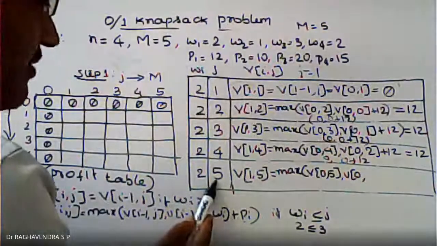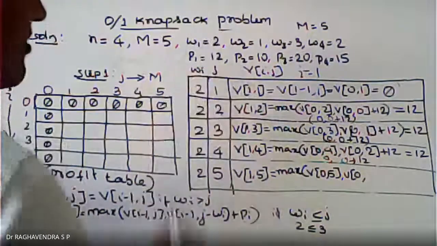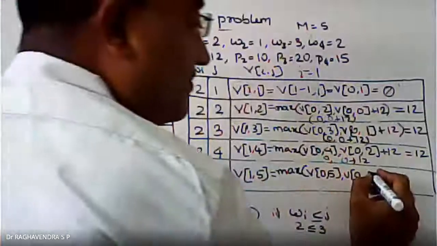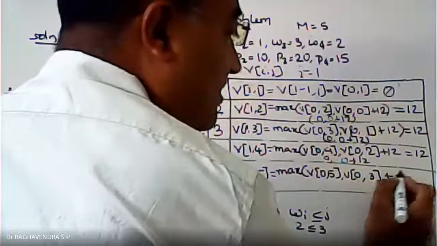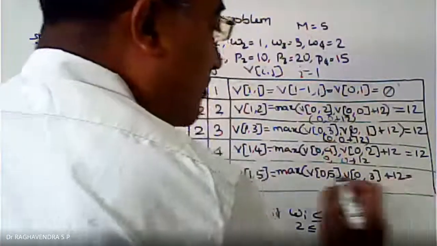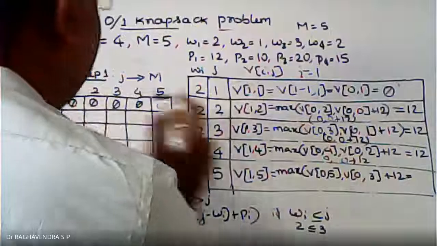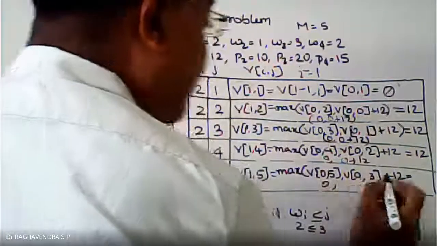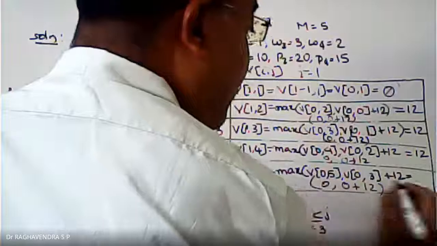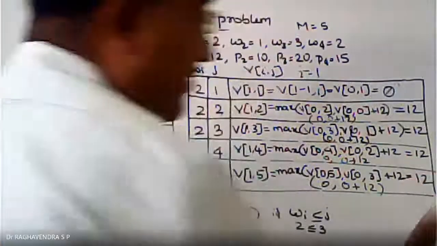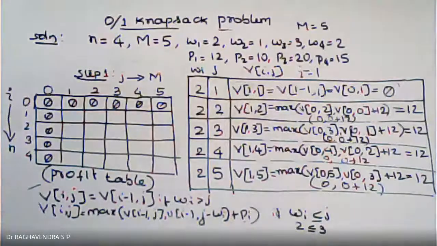J is 5, 5 minus 2 is 3. Plus 12. V of 0, 5 is 0, V of 0, 3 is 0, plus 12. So among them the maximum is once again 12. Okay, this is what I have done for step 3.